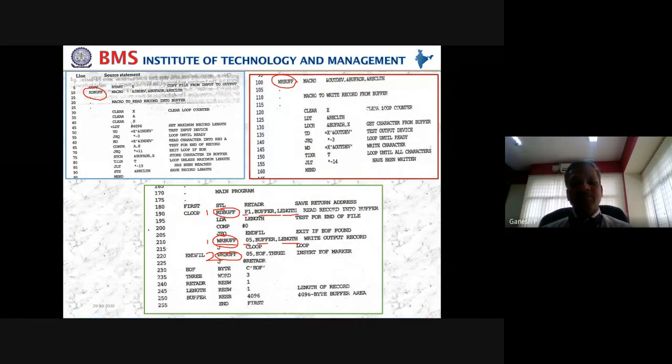So my question is now, when RDBUFF is invoked at line number 190, that is the first macro, so no problem. So far, argument table will be empty. So F1, buffer, length will be stored. Once that is over, next at line number 210, WRBUFF is encountered.